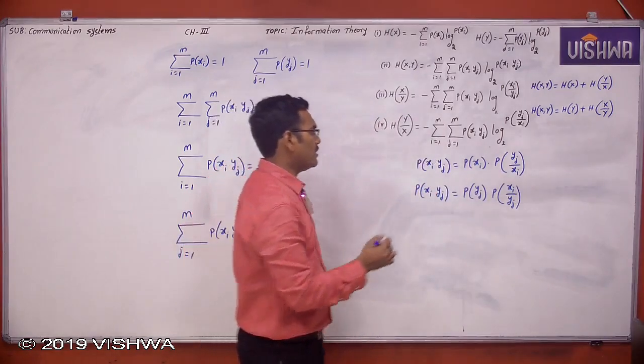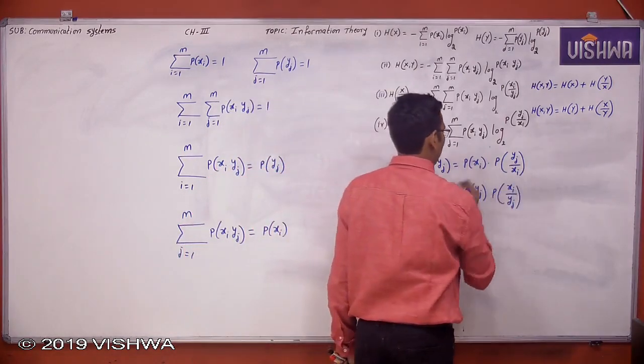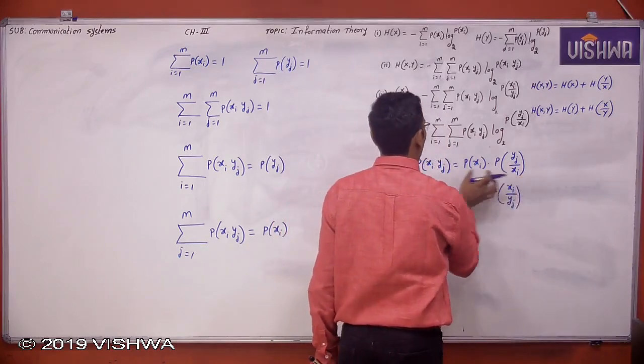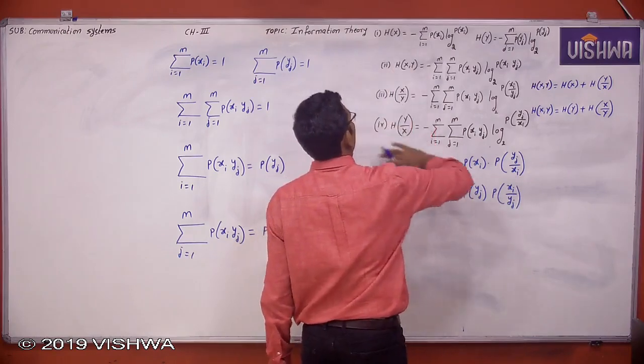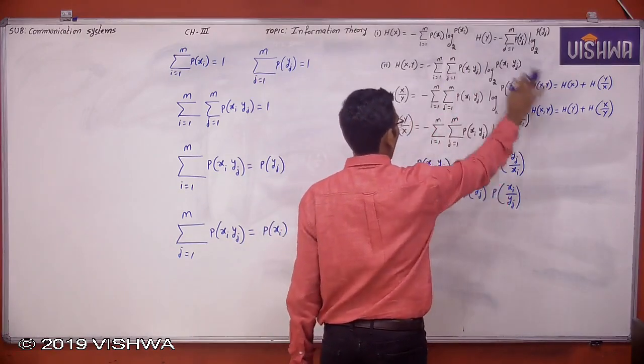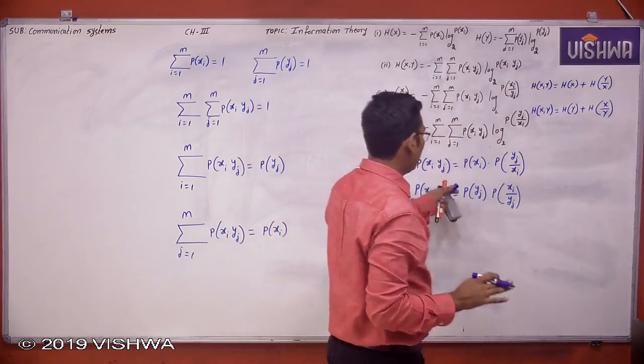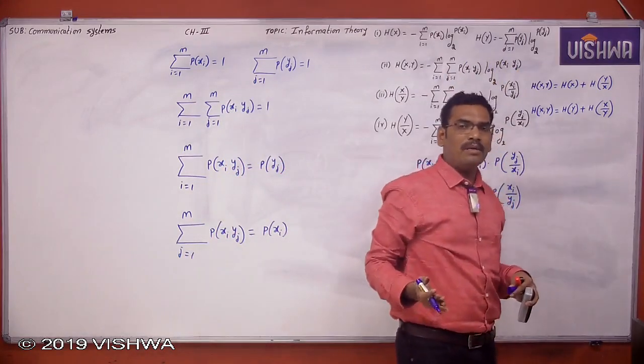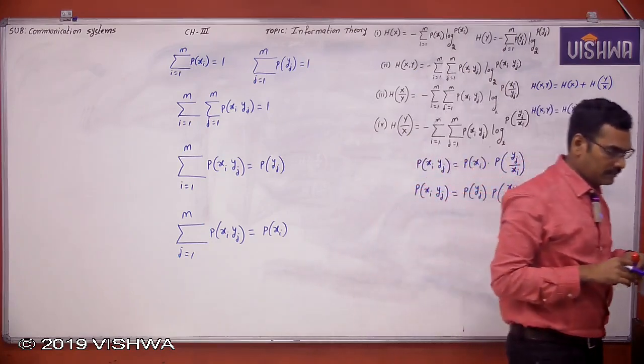This theorem is called Bayes theorem. It is a relation between probability, conditional probability and joint probability. Now these are the conditional entropies and joint entropies. Remember the difference: this is probabilities, and this one is joint entropies, but he is not asking probabilities, he is asking entropies.